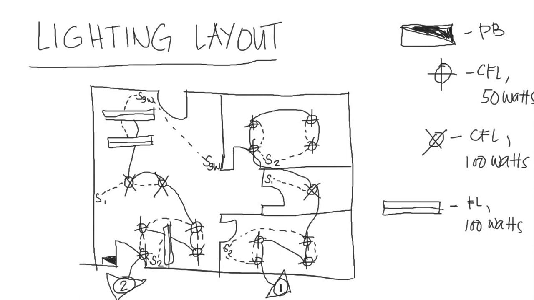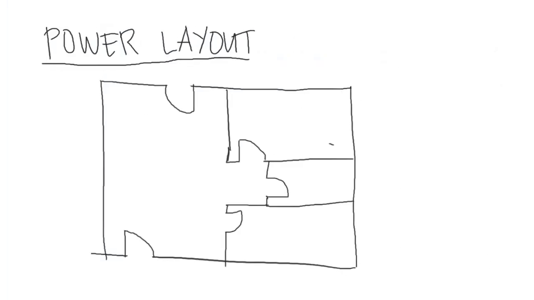If you're done with that, then you can proceed to the power layout. For the power layout, you will put the outlets, special outlets. So outlets for the aircon, convenience outlets, for the water pump, for the washing machine. What else?